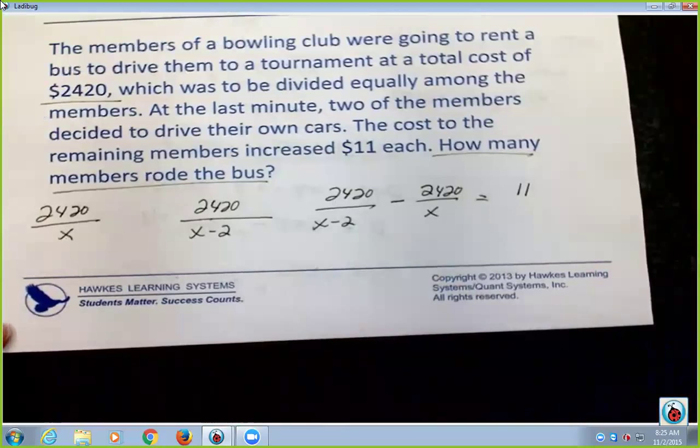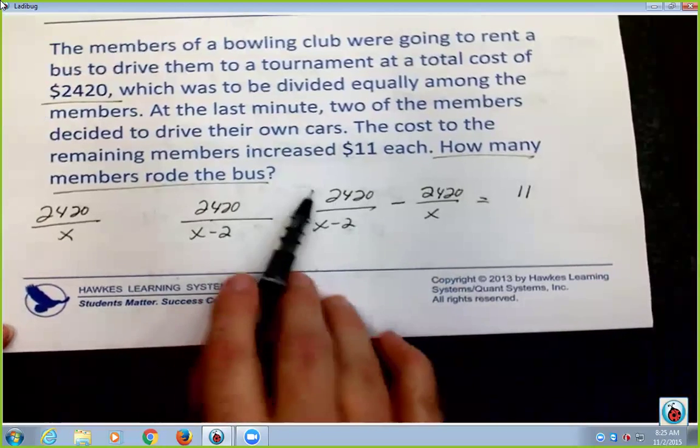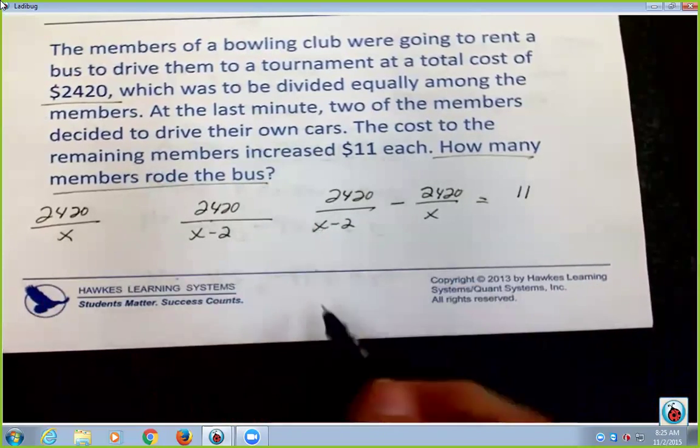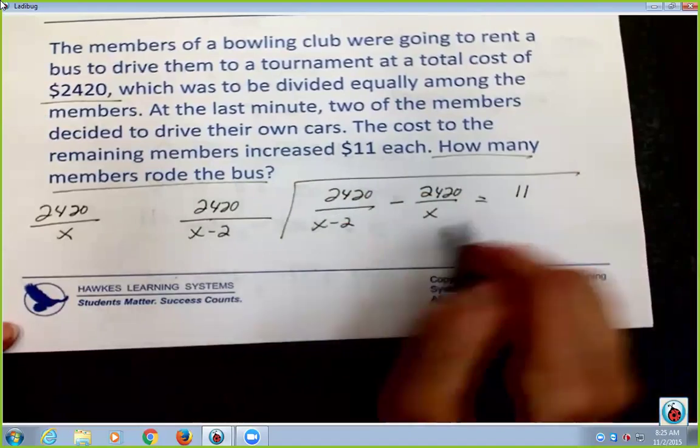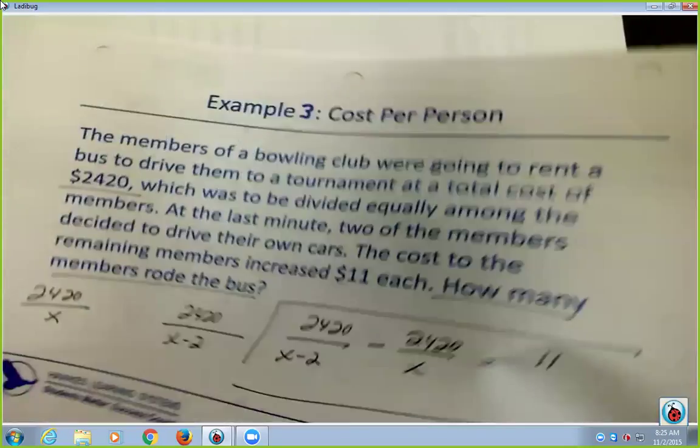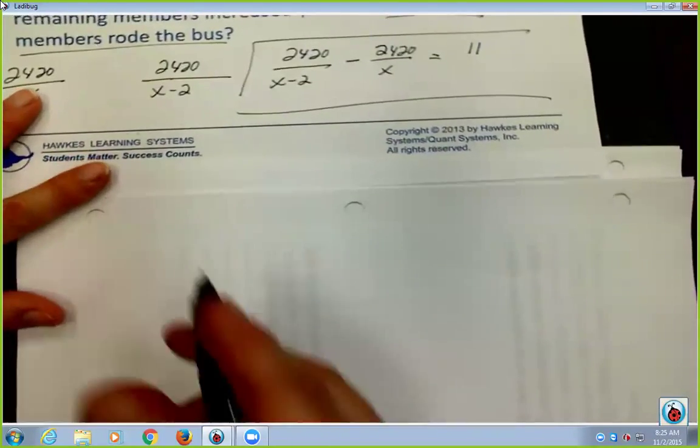Follow, hopefully, of where we got that? So we're pulling this stuff out of here and coming up with these conclusions. This is going to be what we need to solve. So let's stick that on this blank sheet of paper so that we can end up solving it.